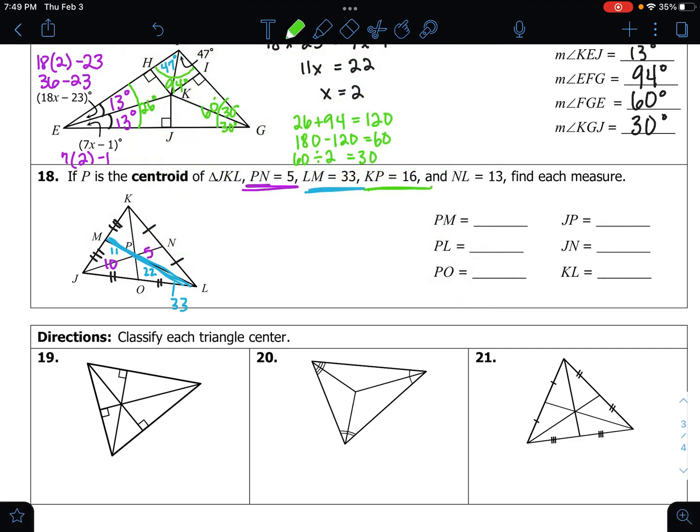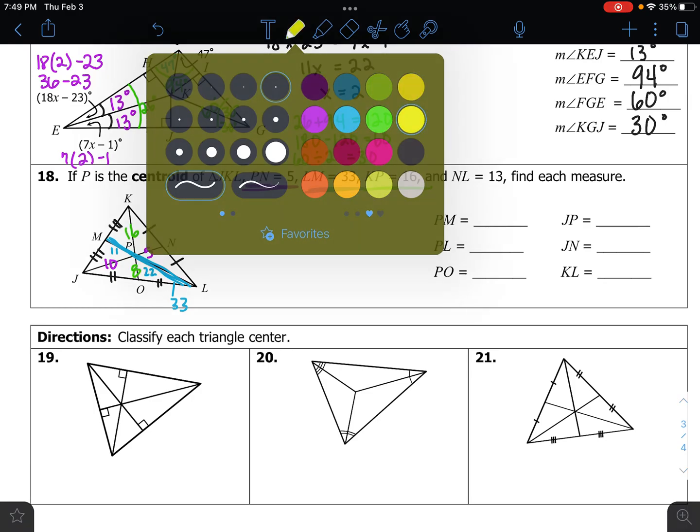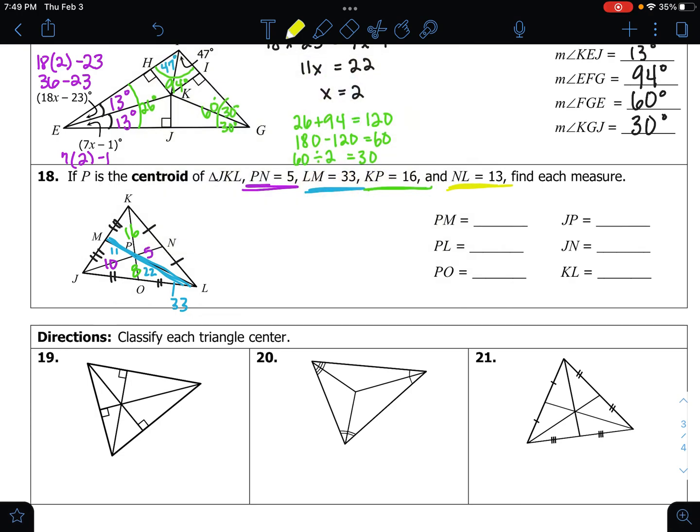I got KP is 16. Where's KP? All right, so this one is 16 between K and P, which means if we divide that by 2, we get 8 on the other side. And then NL is 13. That means KN is 13. All right, let's get into what it's asking us. PM.